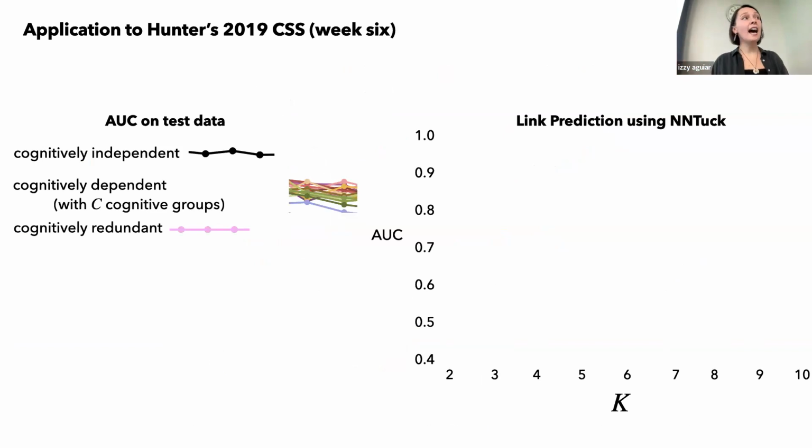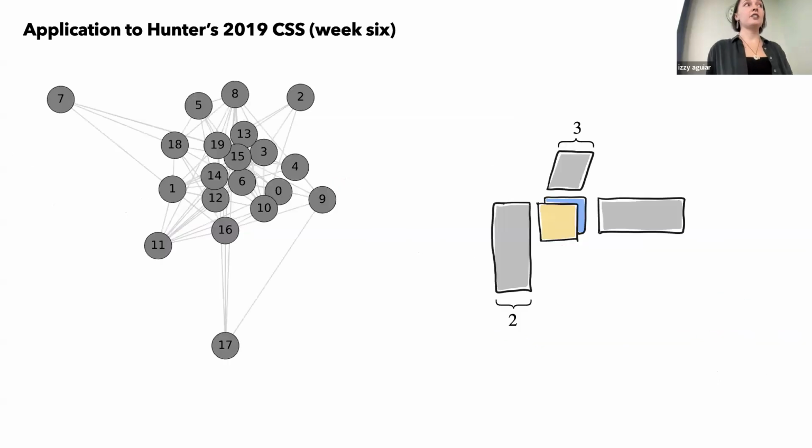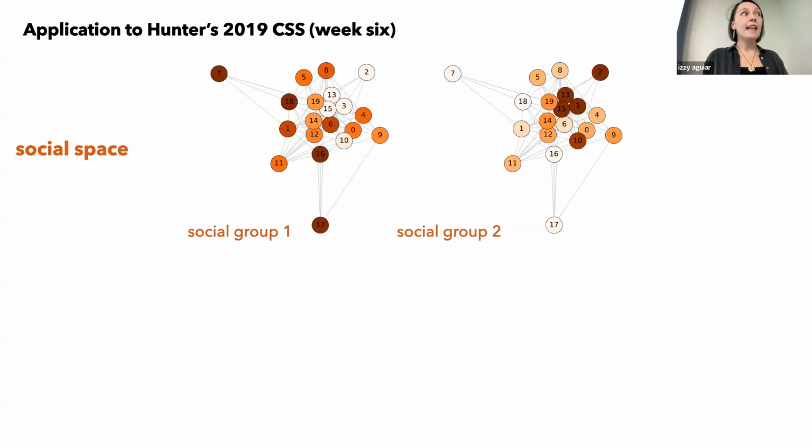Turning instead to look at the last week of this data set, we again look at the specification of 3 cognitive groups and 2 social groups. But now we see that the social groups are no longer well explained by those gender lines. And actually looking at all of the other metadata we have access to, they're not according to any of those other easy identifiers.